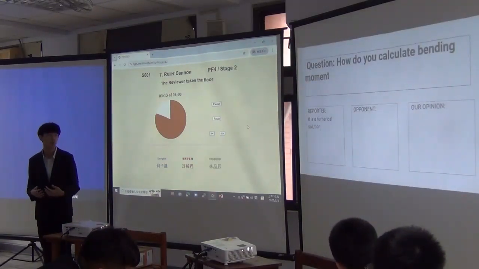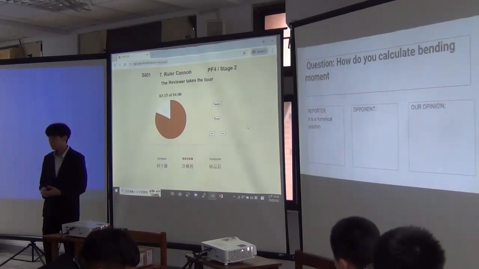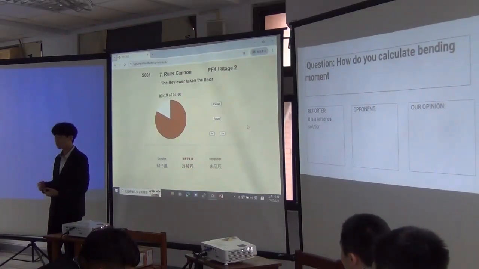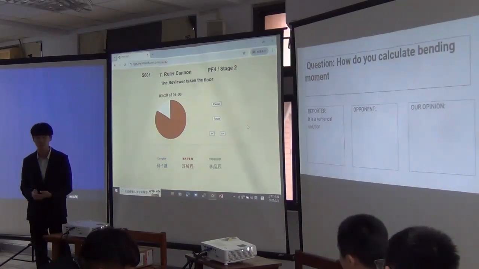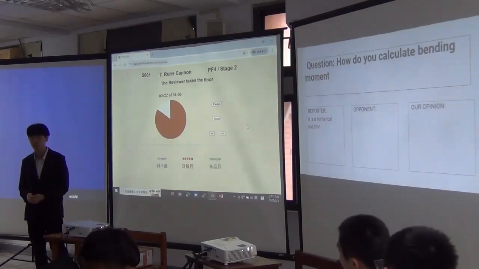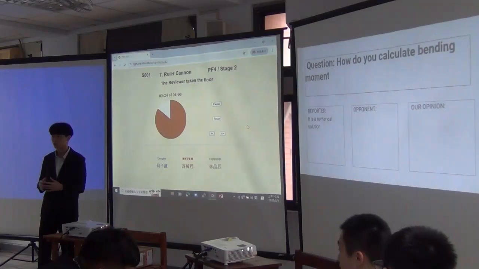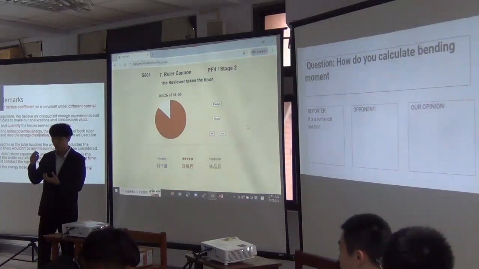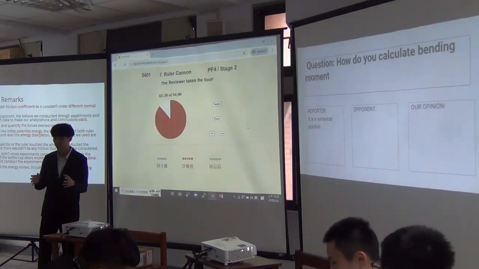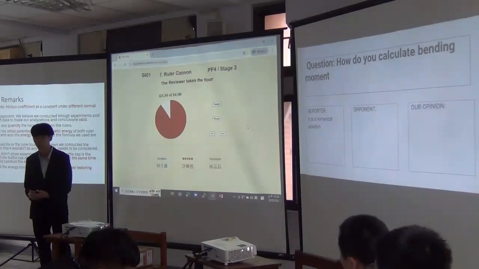Next, I asked them how they calculate the bending moment. They say it's shown in their presentation, but I can't fully understand that. In our opinion, the bending moment is the integration of every point of applied force times the length of the applied force, which equals the torque.